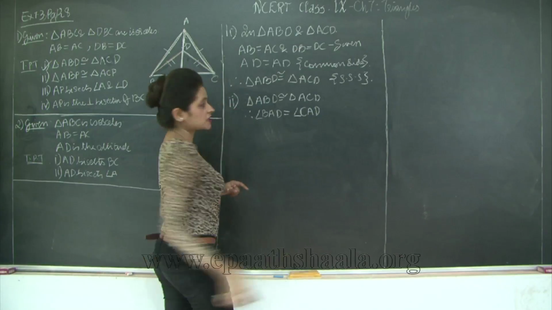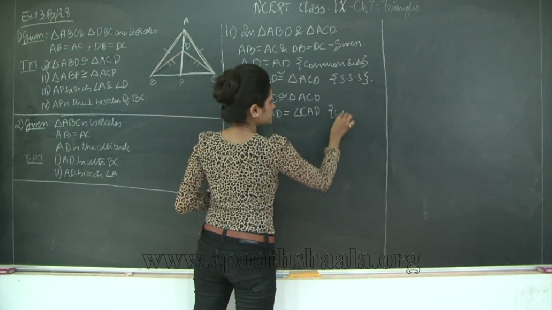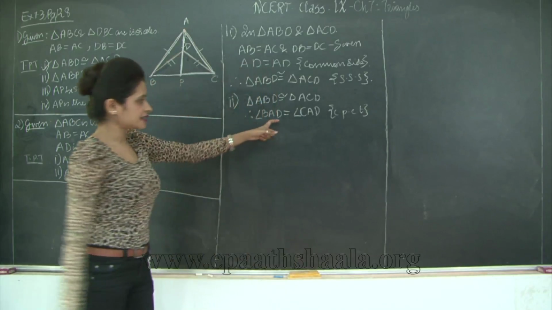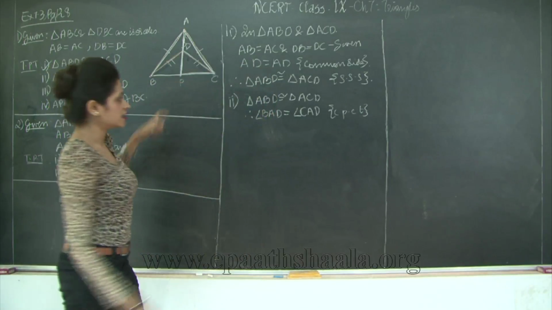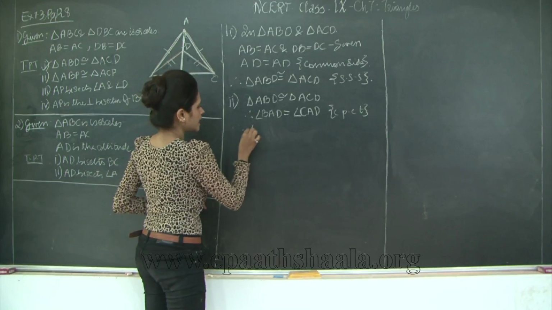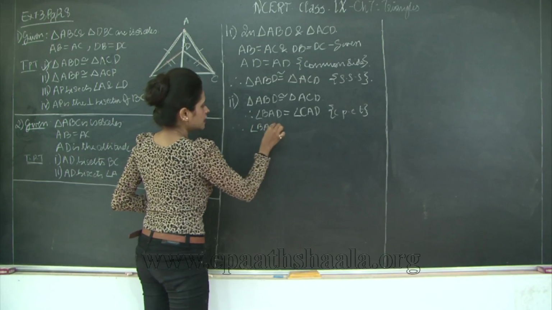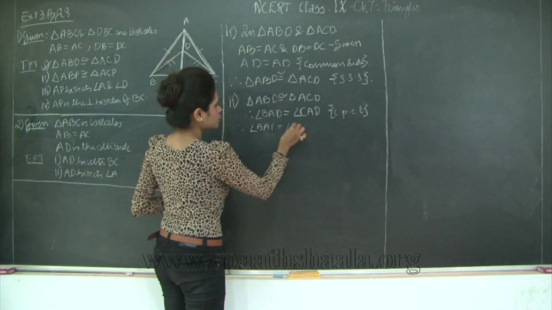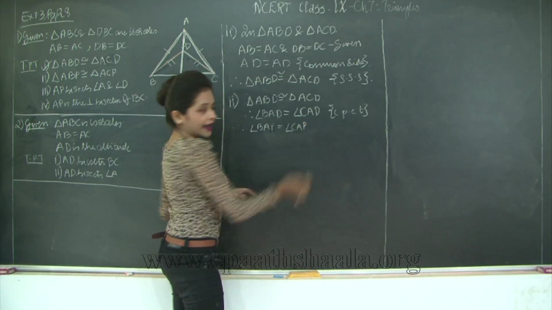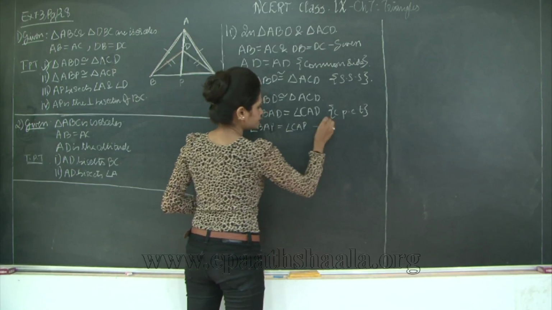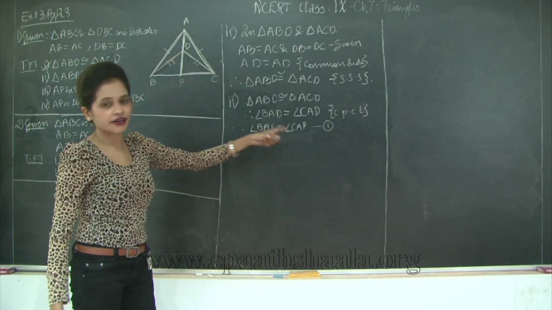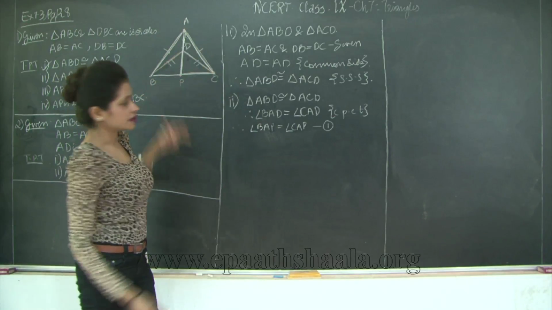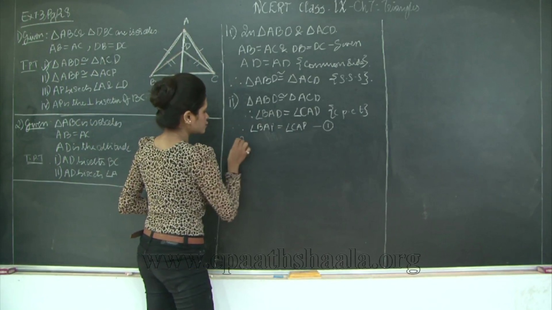Why? Corresponding parts of congruent triangles. So now I am extending point D until point P. Therefore, angle BAP is equal to angle CAP, and I'll mark this as 1 because we are going to use this as a reference for proving the two triangles ABP and ACP congruent.